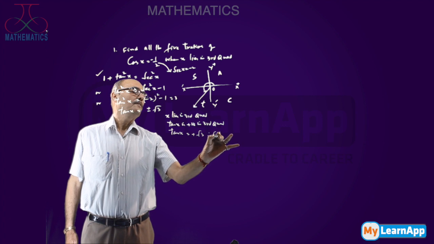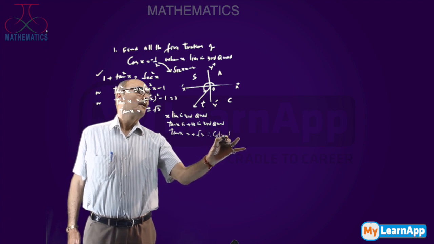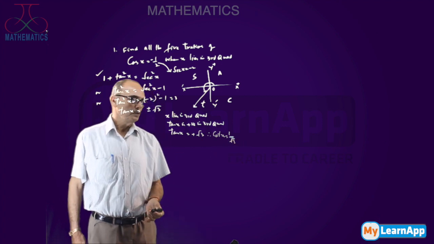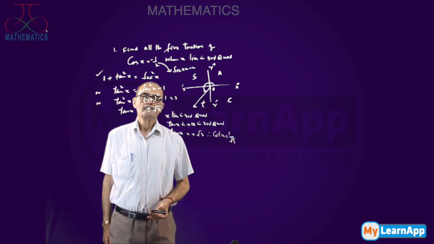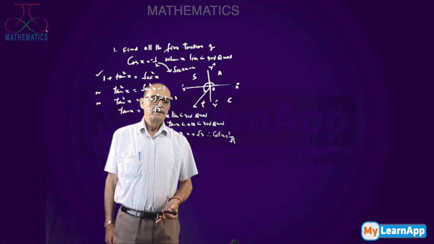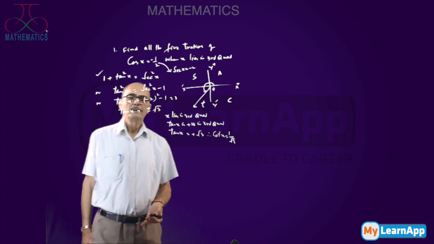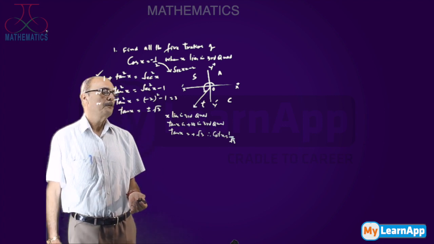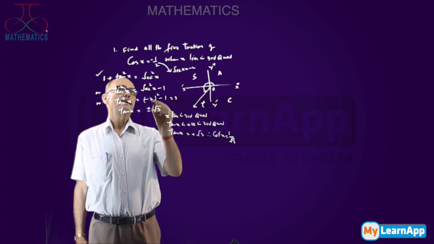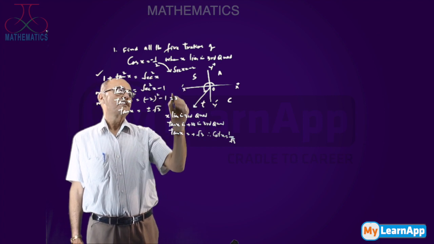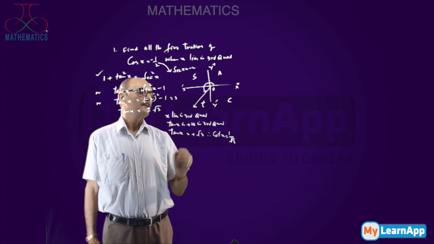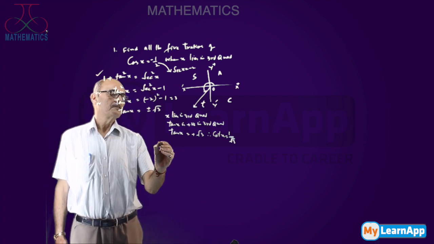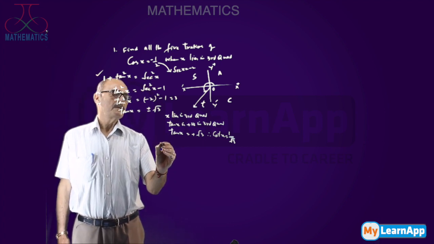Therefore, cot x is 1 by root 3. Both are positive in the third quadrant. Then next is 4 trigonometric ratios we have in hand. Number 1 cos x, secant x, tan x, cot x. Next we want to find out sin and cosec.